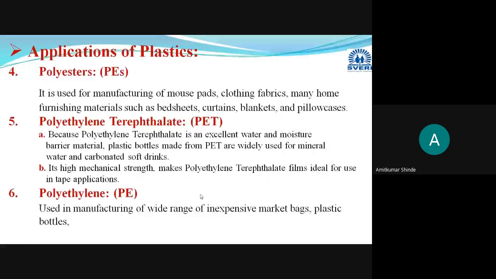I will tell you the name of the plastic material and their respective applications. I have highlighted here the name of a particular plastic and the particular components manufactured with the help of that plastic material. After completing these applications, we will discuss some MCQ questions from our MCQ booklet. These are the parts I am going to discuss in this session.